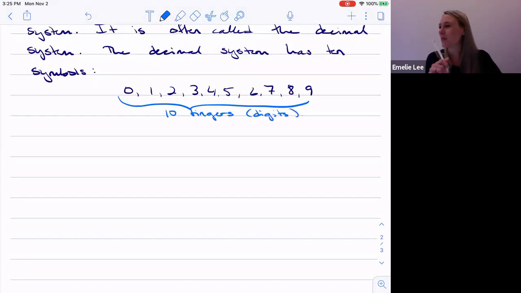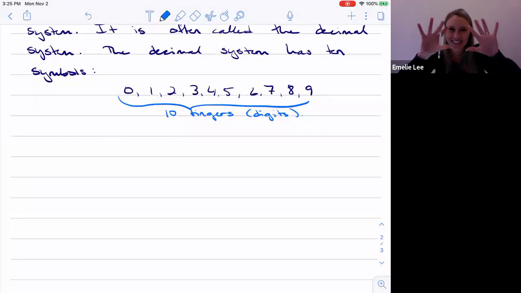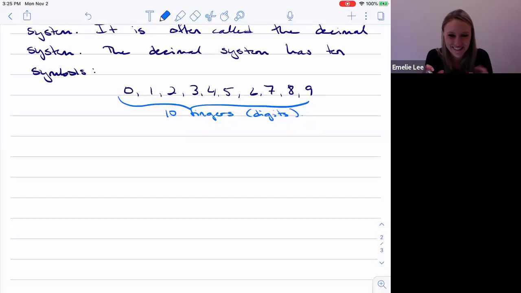I was reading something online about preschool math: 10 fingers, 10 toes. We could have been working in base 20 this whole time. Why didn't we think of that?